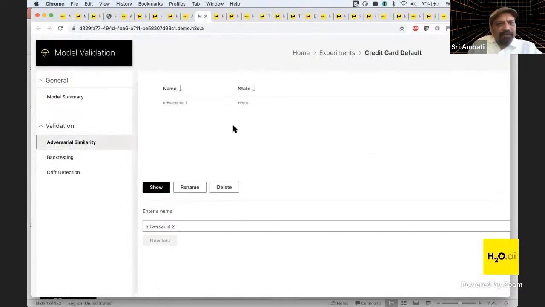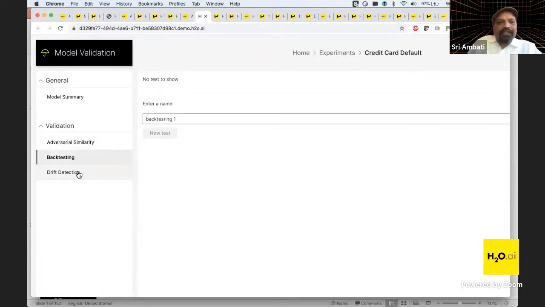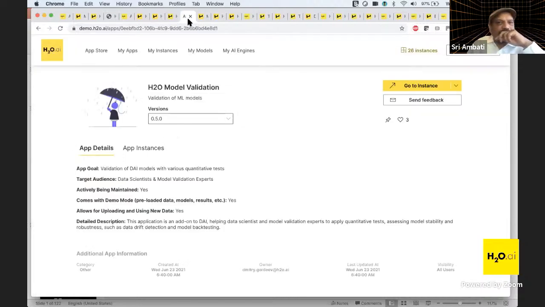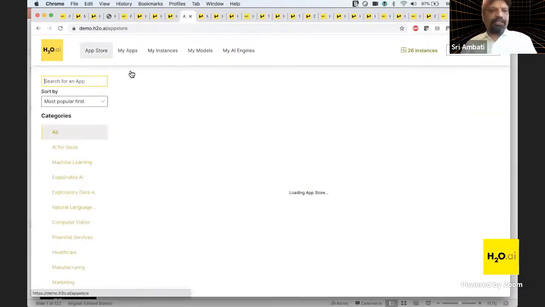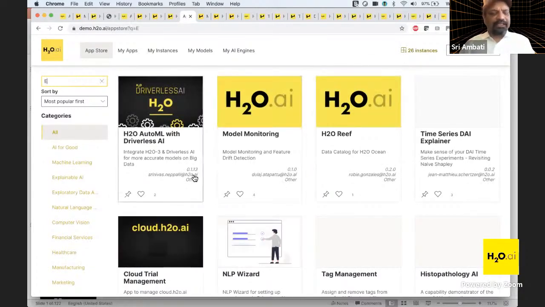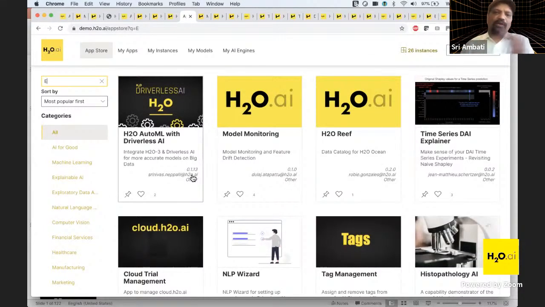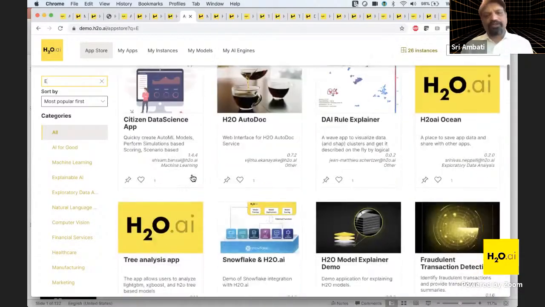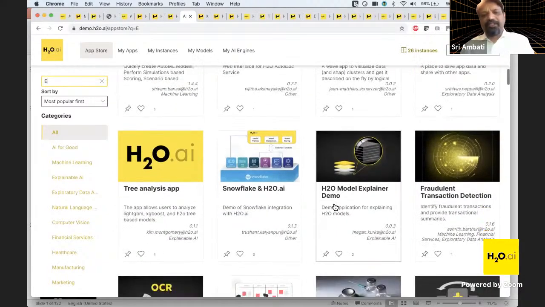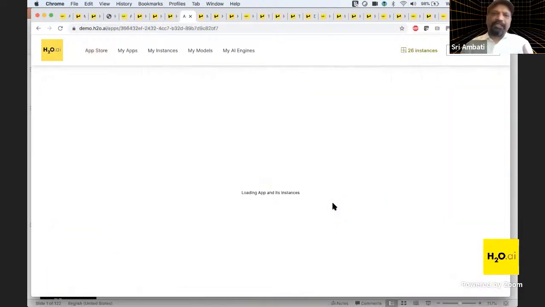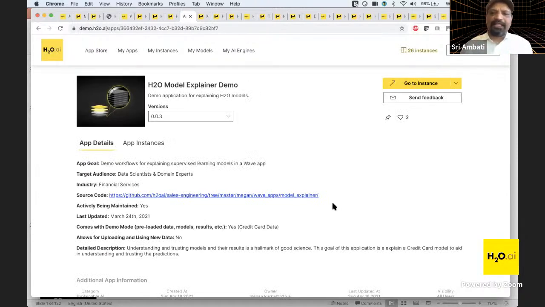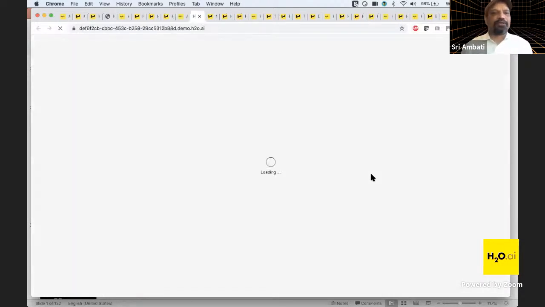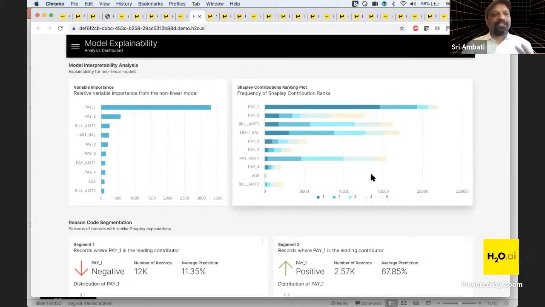Adversarial similarity: you want to understand if there is something in your data that is different, and you want to detect drift across your system. Another incredible power that we can showcase is the integration between all the frameworks that are there, the ability to build these apps with our open source or closed source frameworks, and to go beyond the traditional ways of understanding models to truly getting explainability for your models.